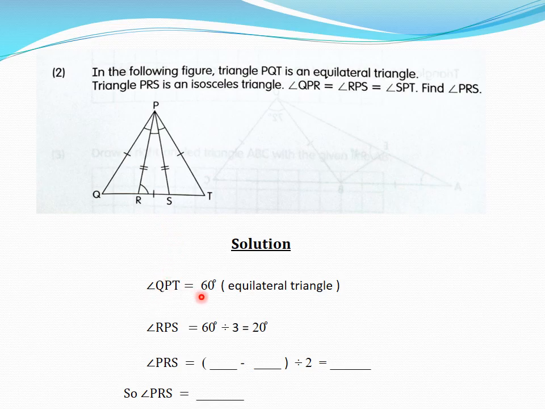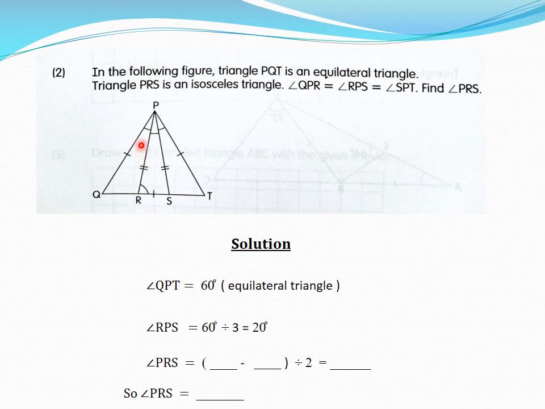QPT equals 60 degrees because PQT is an equilateral triangle. So it means angle P equals 60 divided by 3. Why do we need to divide by 3 to get 20 degrees?